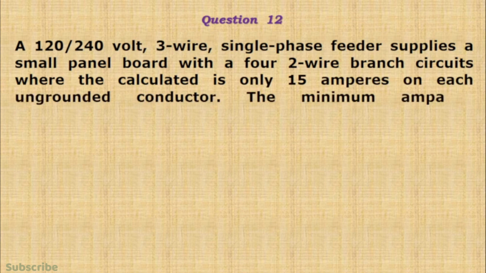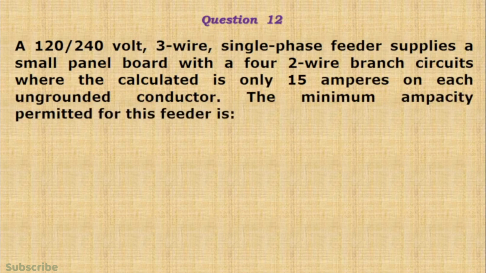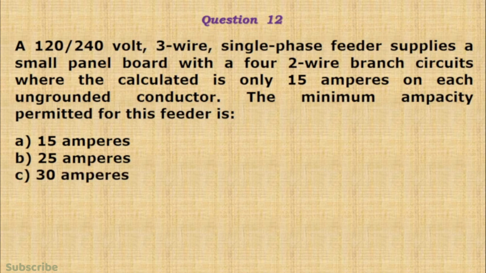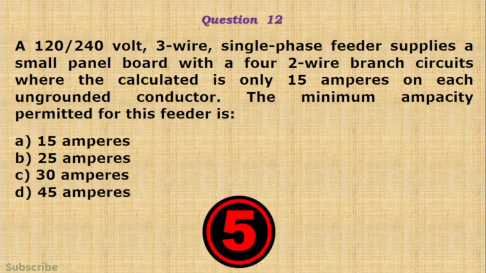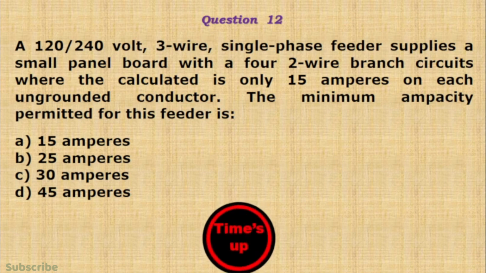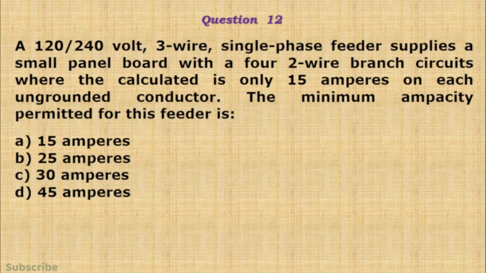The minimum ampacity permitted for this feeder is A. 15 amperes, B. 25 amperes, C. 30 amperes, D. 45 amperes. The correct answer is letter C, 30 amperes.